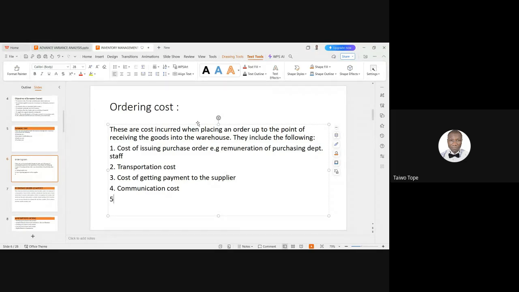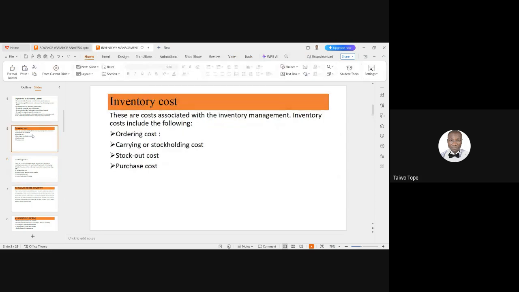I know most organizations might not be doing that. You can have cost of loading or offloading. Cost of loading or offloading. So these are some costs associated with ordering cost.